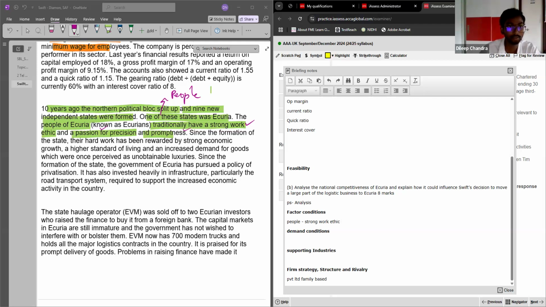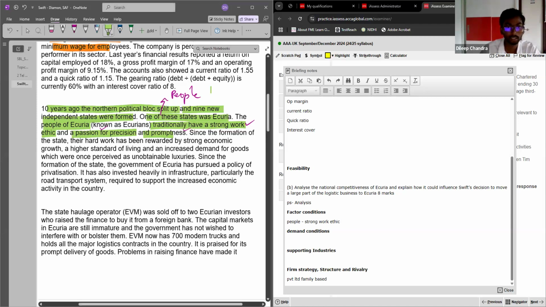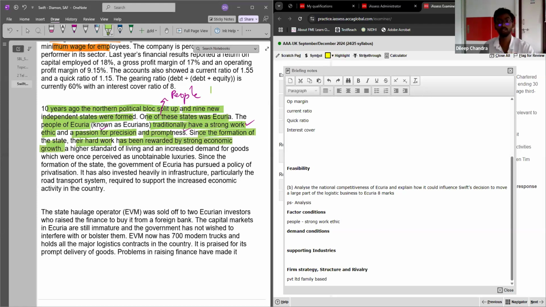Since the formation of the state, their hard work has been rewarded by strong economic growth. Okay. And a higher standard of living and an increased demand for goods, which were once perceived as unobtainable luxuries. Okay.